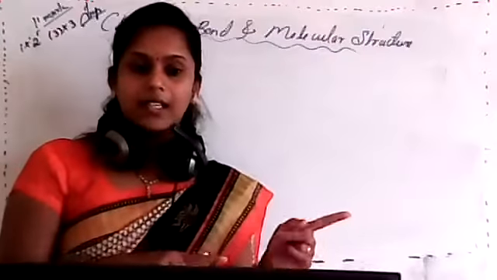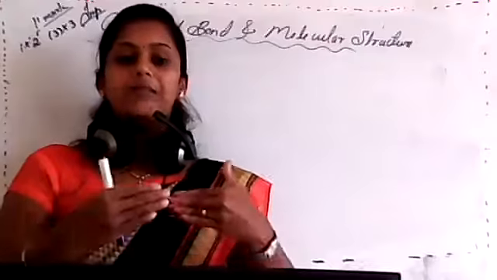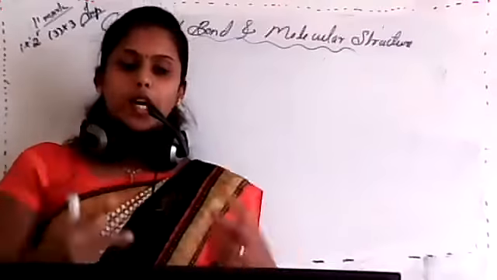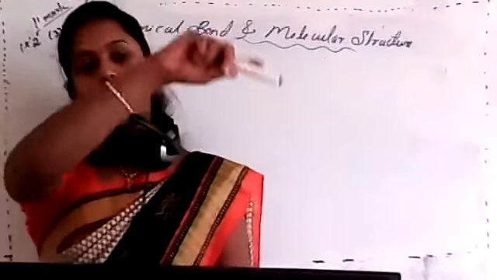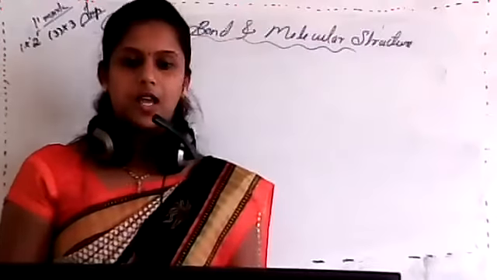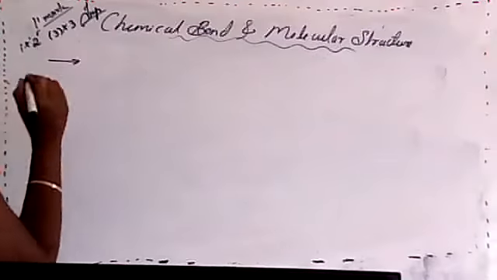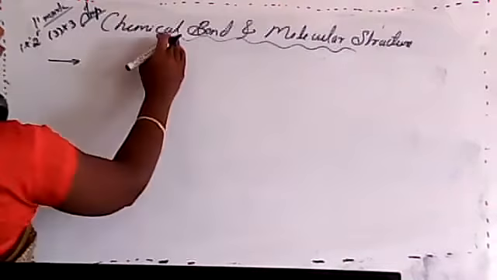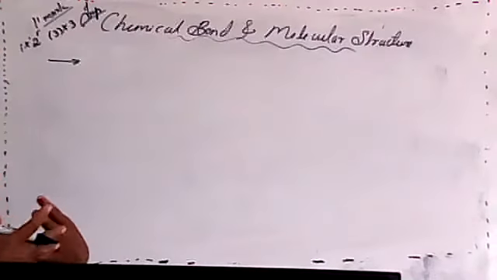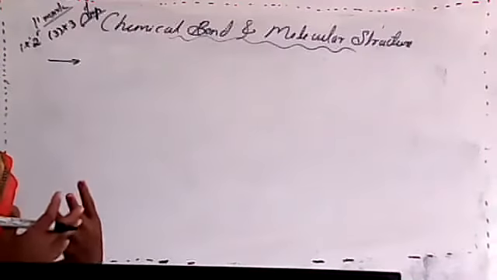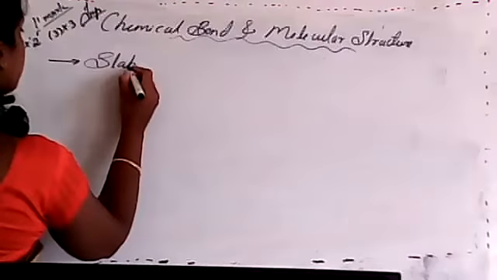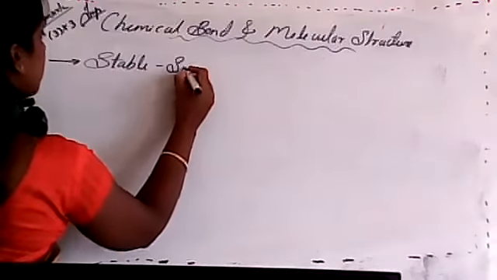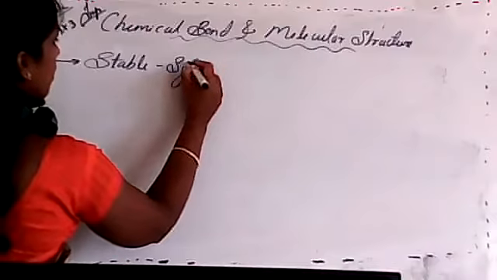In yesterday's class we studied that stability is attained by symmetric nature or with the help of exchange energy, for electronic configuration. But in this case, chemical bonds or chemical combinations will occur to form a stable system.